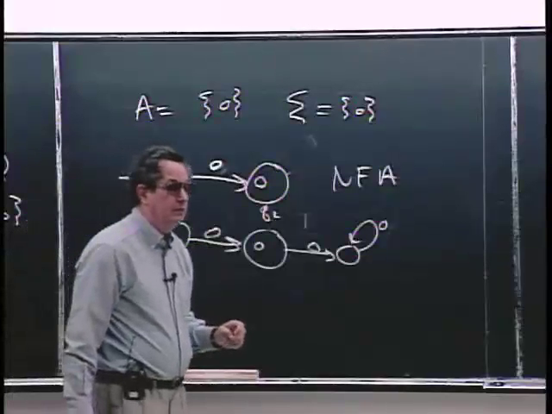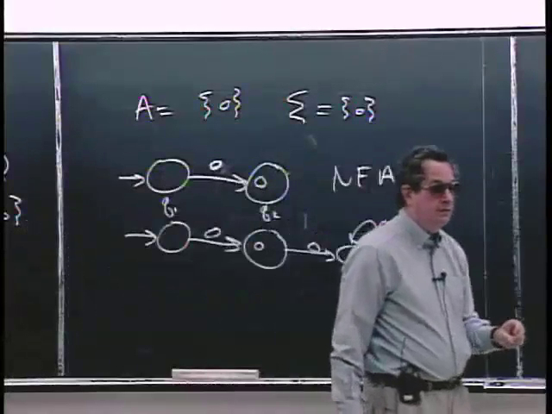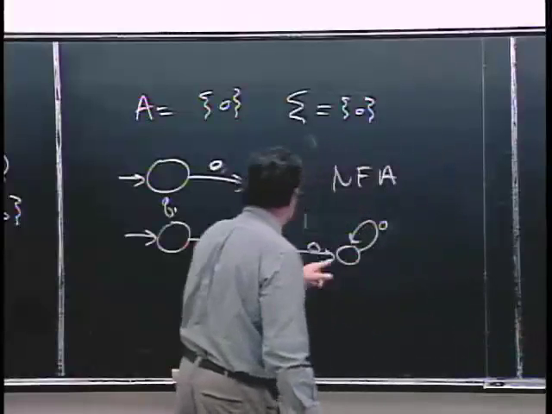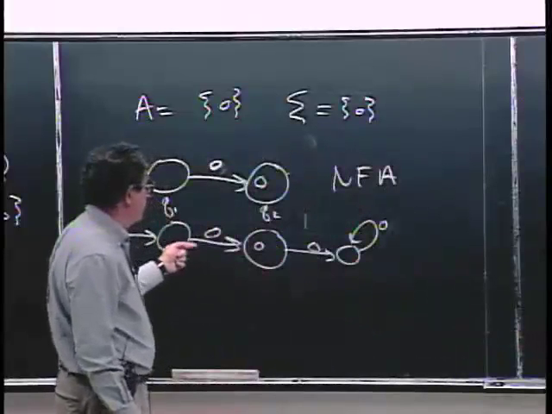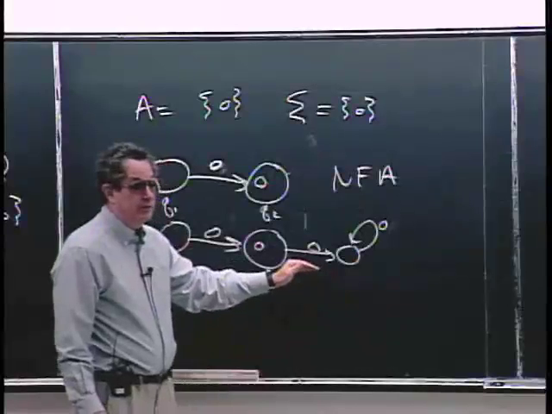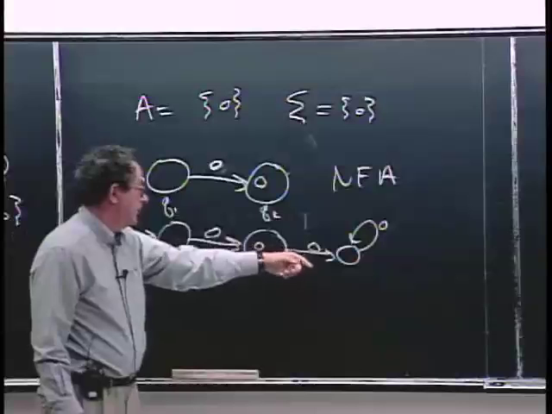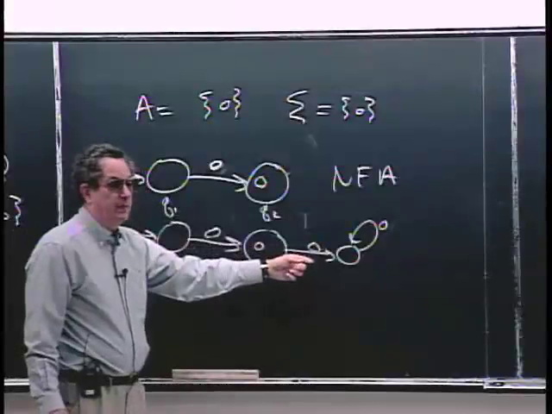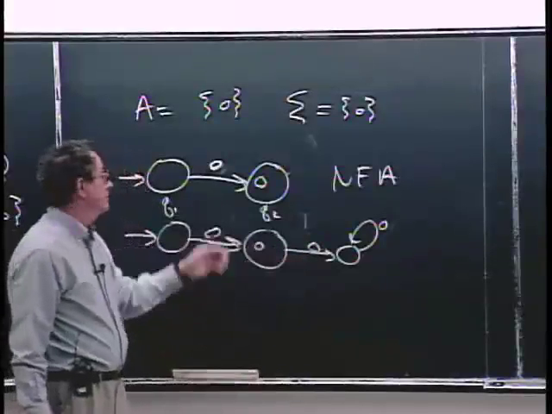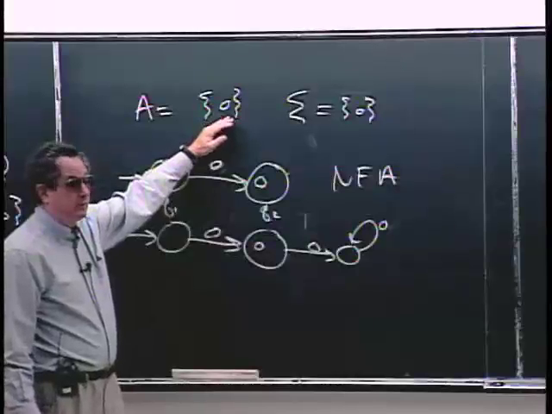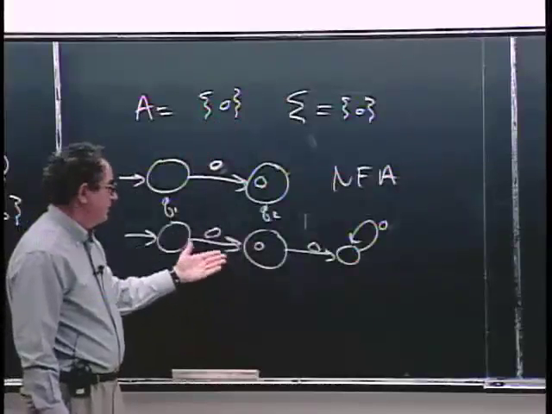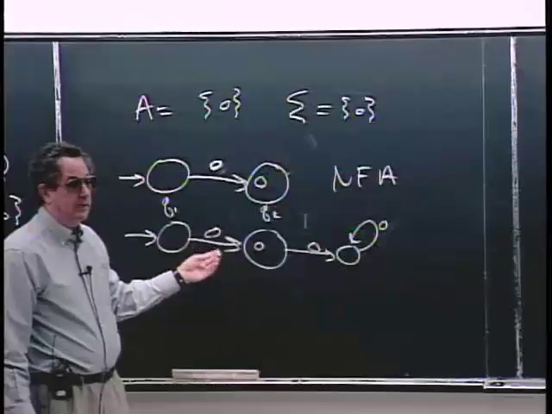What's the point of having it continue on past the accept state? Well, the point is that this is now a legitimate DFA. According to this definition, it has an out arrow for every character in the alphabet, and in fact it recognizes this language.